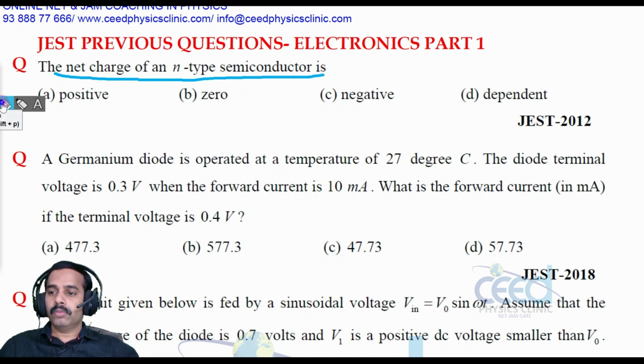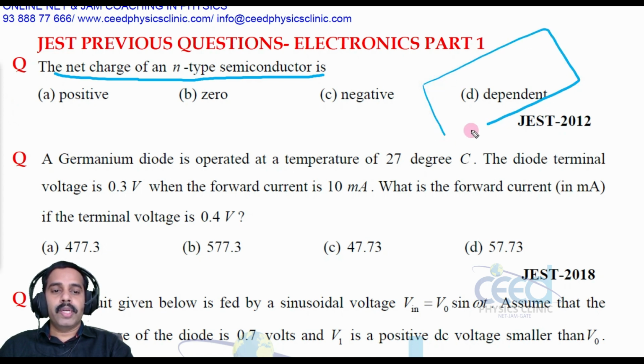We already know that for an n-type semiconductor we have a pentavalent impurity atom. It will donate one electron, so the pentavalent impurity atom gets a positive charge and donates an electron.